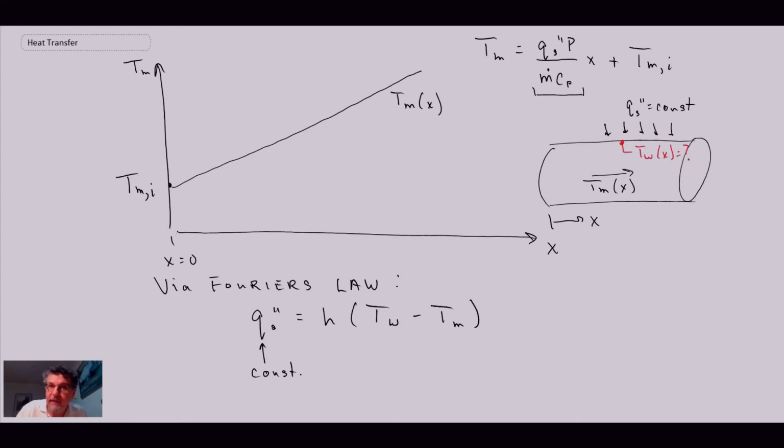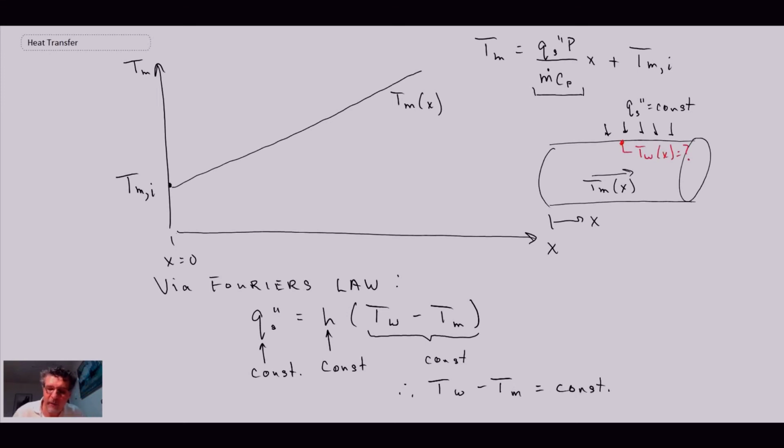If we're in the fully developed flow region, outside of entrance region effects, then h as well is going to be a constant for pipe flow. What that tells us is that this difference also needs to be a constant. So T wall minus T_m is equal to a constant.